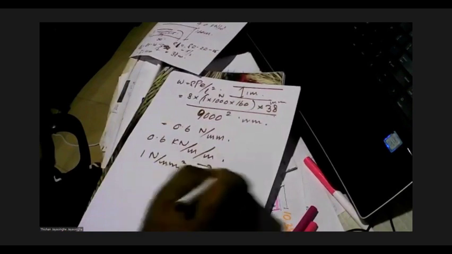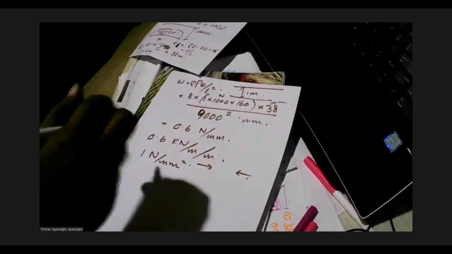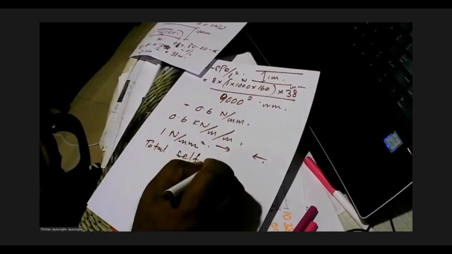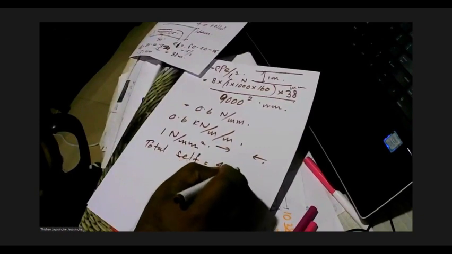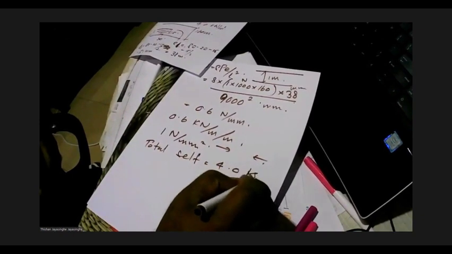So basically, if you apply a load of 1 Newton per millimeter squared stress in the longer direction, the pre-stress, the uplifting force is equal to 6 kilonewtons per meter squared. So the total self weight is 4 kilonewtons.